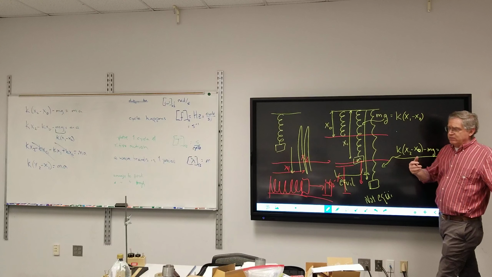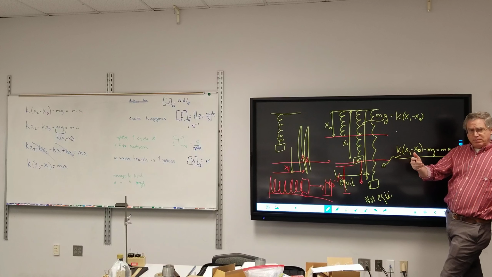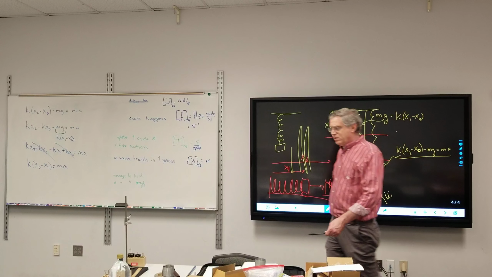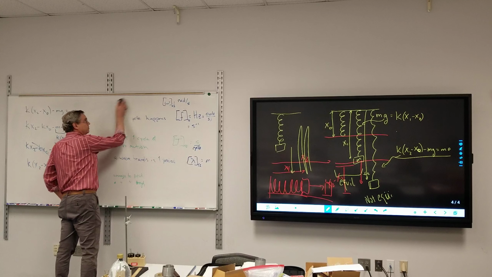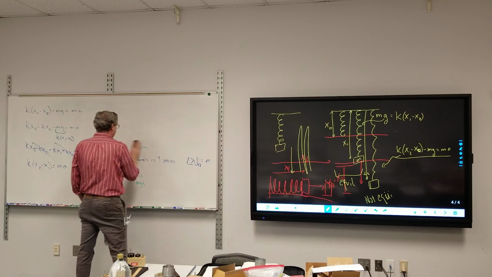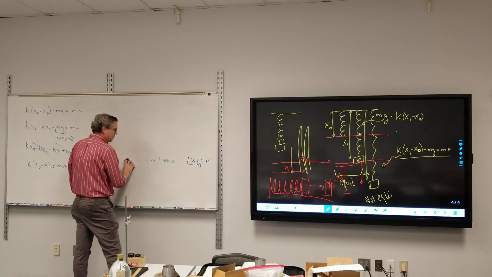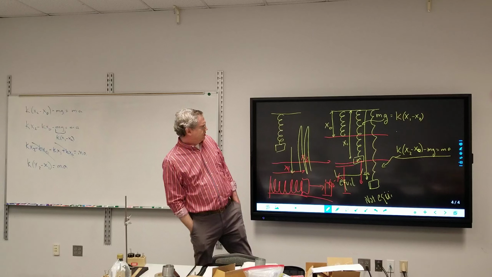Now, there's probably a 10-minute derivation to show that's true. I'm just going to have to accept that on faith. But it's a similar derivation to that, just more involved. So x2 minus x1 is amplitude, you just said. Yes.